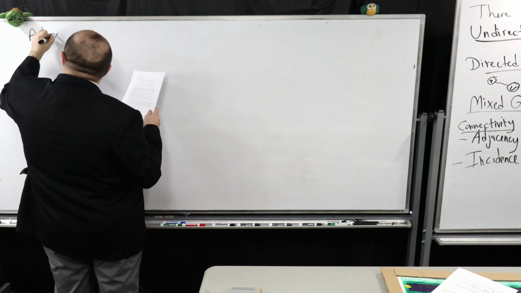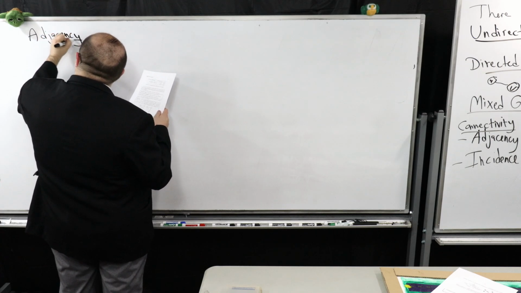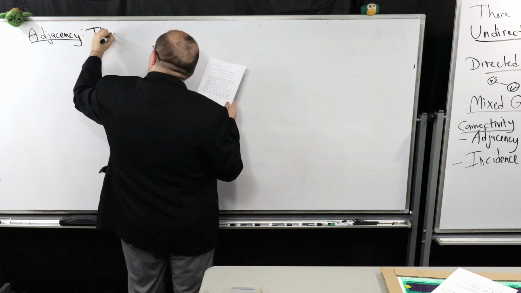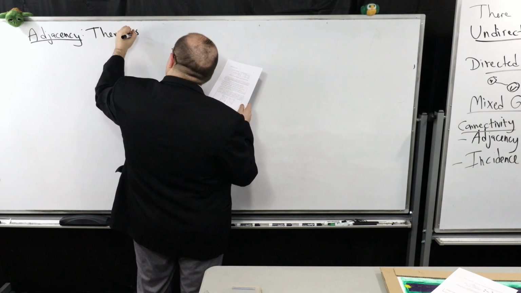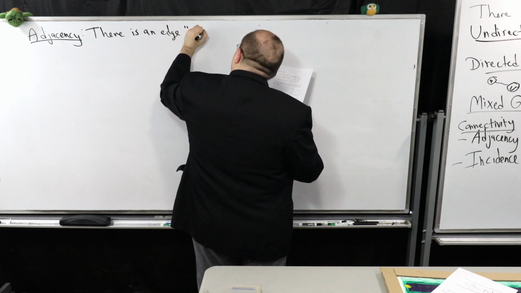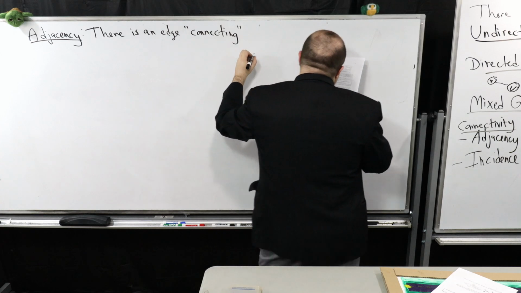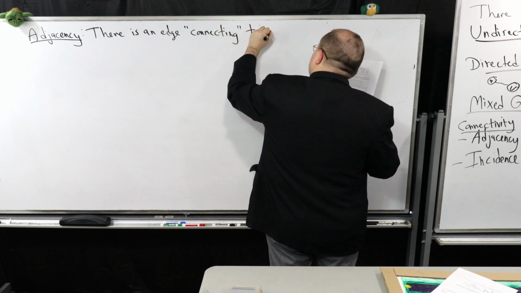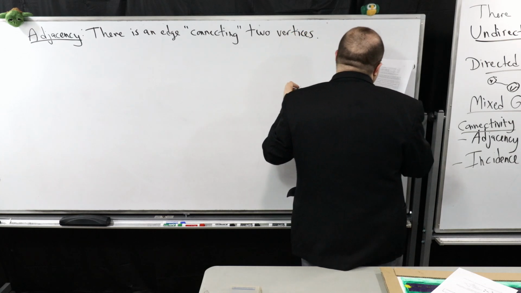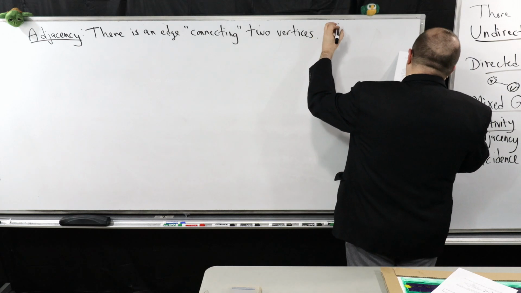So if we're talking about adjacency, what does that mean? It just simply means there is an edge connecting two vertices. I'm just going to use broader terminology here at first, and I'll specialize.